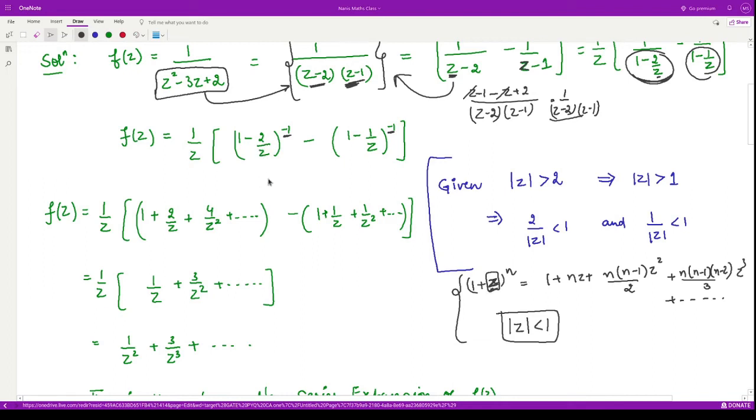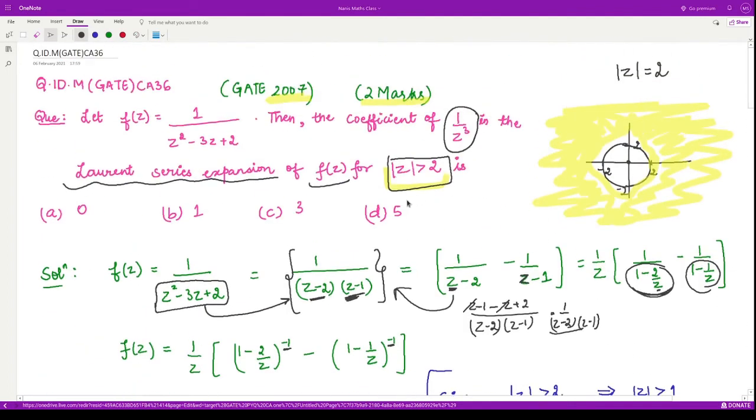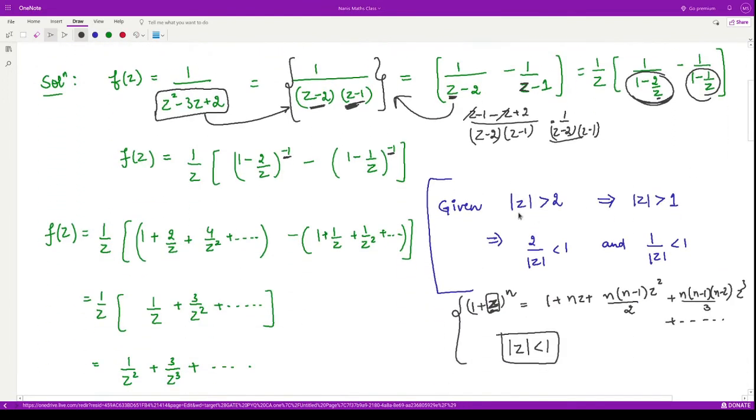Our given region in the question is modulus of z greater than 2. Obviously if the modulus is greater than 2, then it would also be greater than 1. So this follows from the condition. Now if modulus of z is greater than 2, you can divide by modulus of z on both sides, so you will have 2 by modulus of z less than 1.